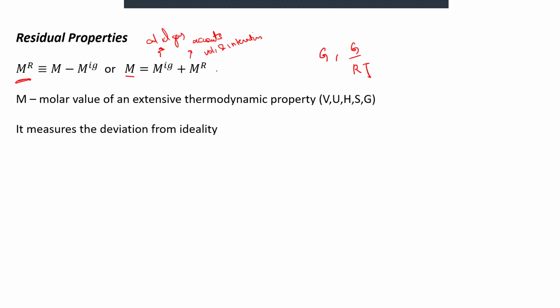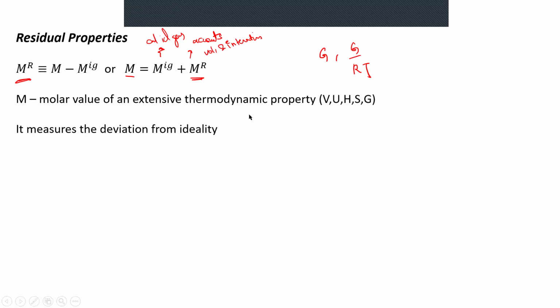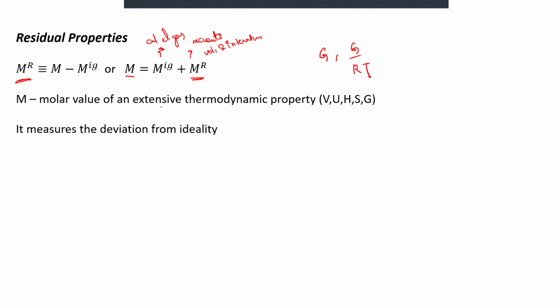This residual term accounts for all that, and is actually the difference between the ideal and the real system. This is defined for extensive thermodynamic properties, the molar values of those. Here, these 5 are the extensive molar properties.